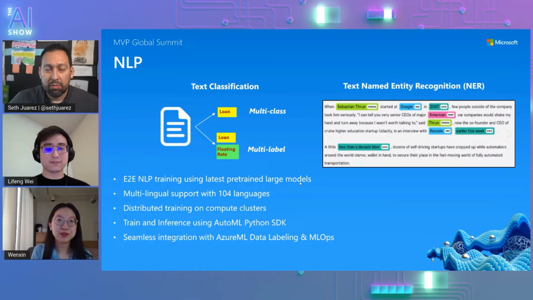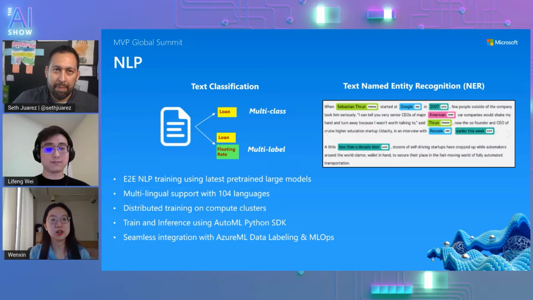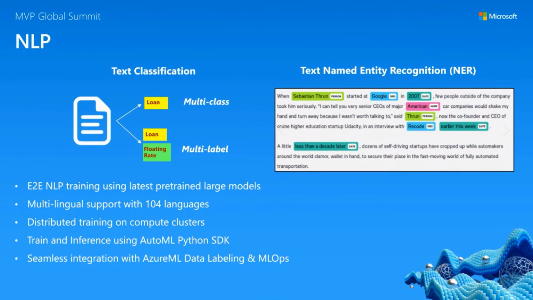In order for you to accelerate your training, you can also benefit from the distributed training we support. You can use multi-GPU or multi-node to run the NLP models, which will largely reduce the training time needed. And since this is within Azure ML, you can also benefit from all the goodness of the AutoML Python SDK. You can do training and inferencing at the same time.